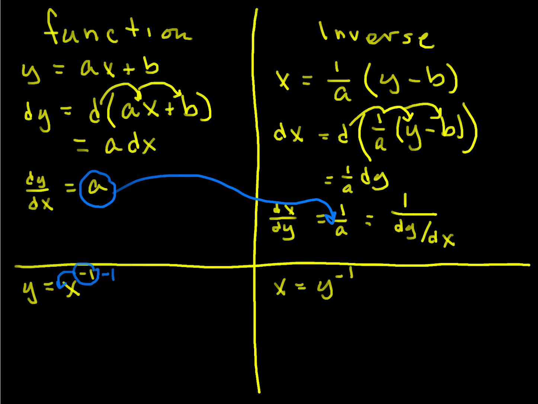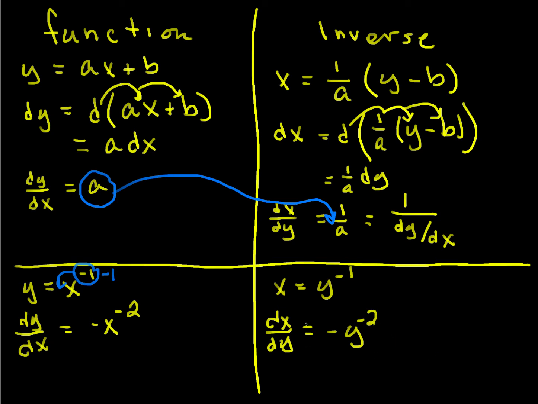So dy/dx is just -x to the minus 2. Similarly over here, all I've done is switch the variables. So same power rule, dx/dy is equal to -y to the minus 2.